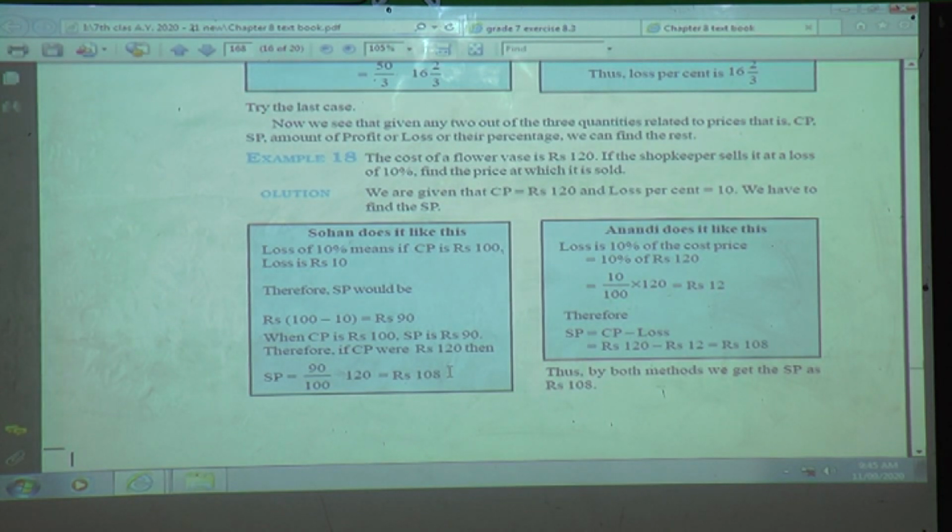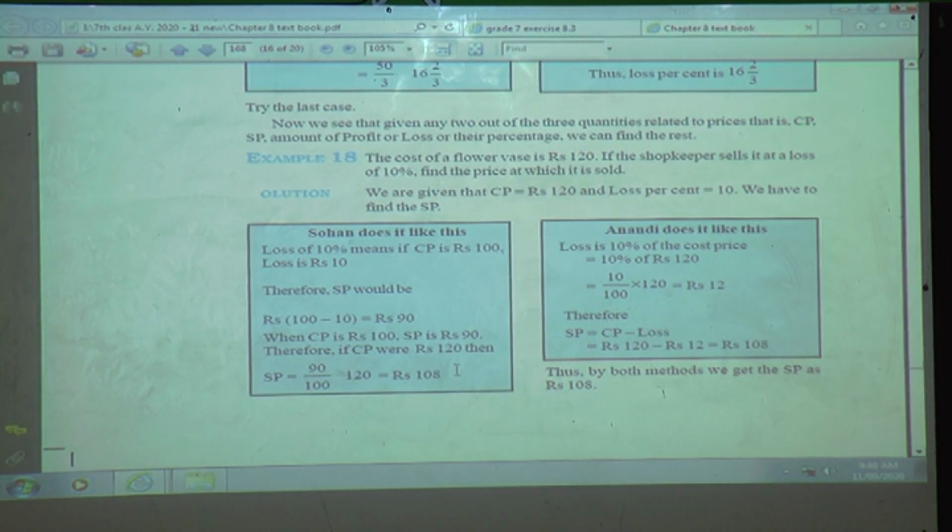So the selling price is 108, and the cost price CP was 120. They told us he has made a 10% loss. So the SP, that is the selling price, was 108 rupees.